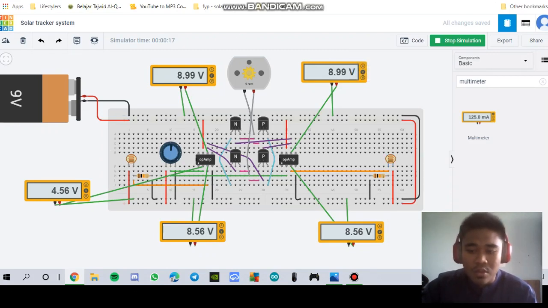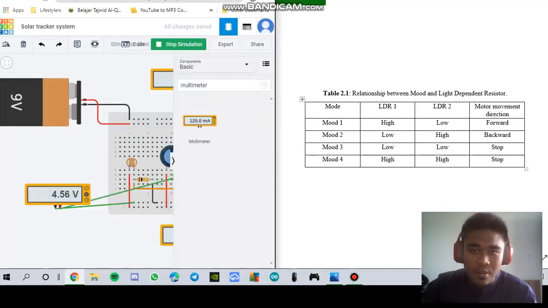So as a conclusion, see the table. Mode 1 will move forward, and when it reaches enough intensity of sunlight, it will stop.